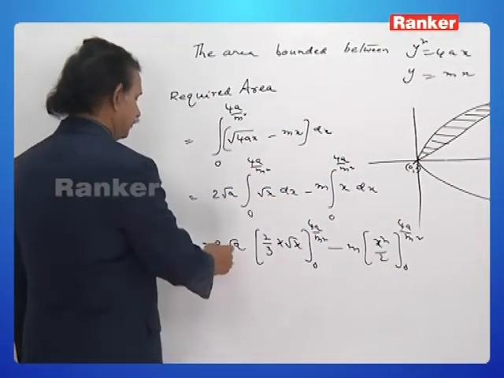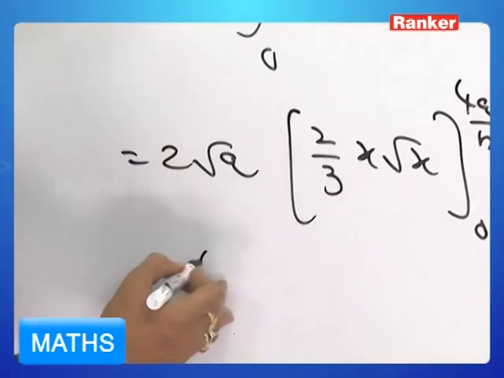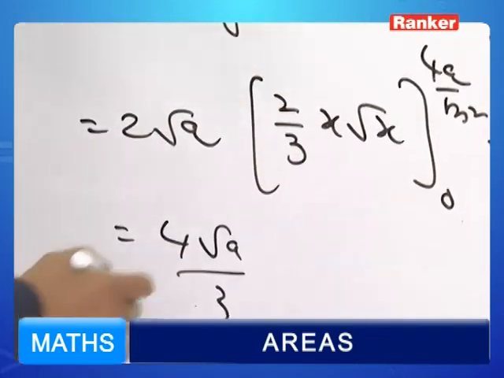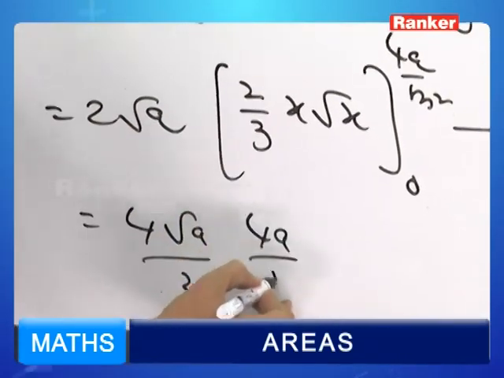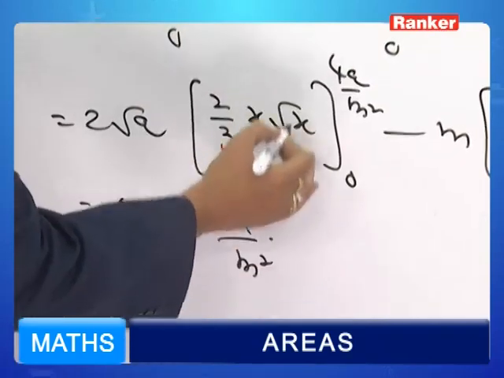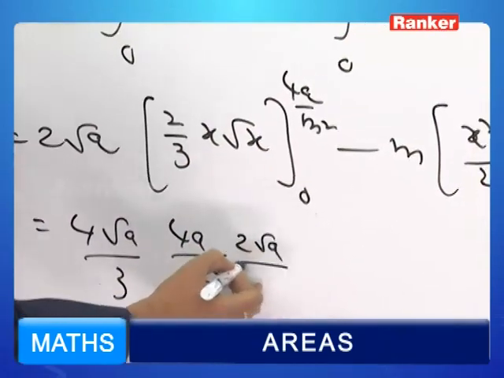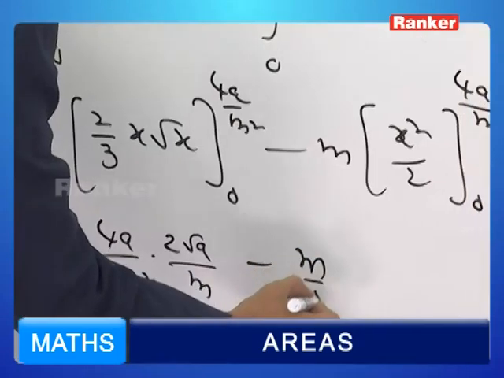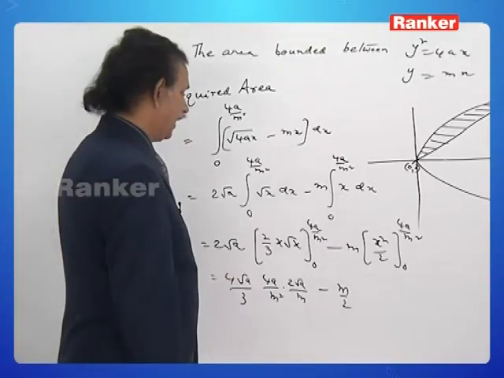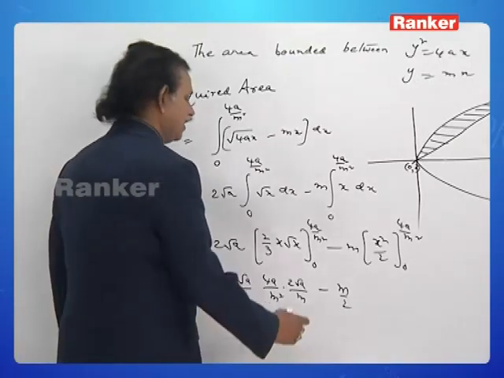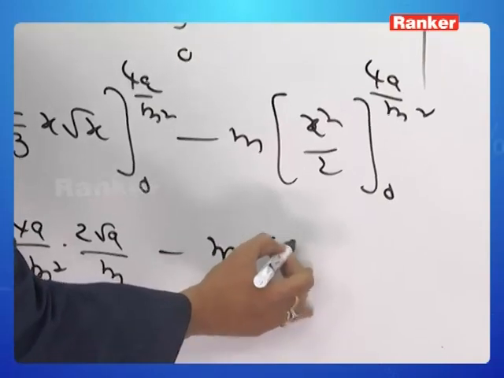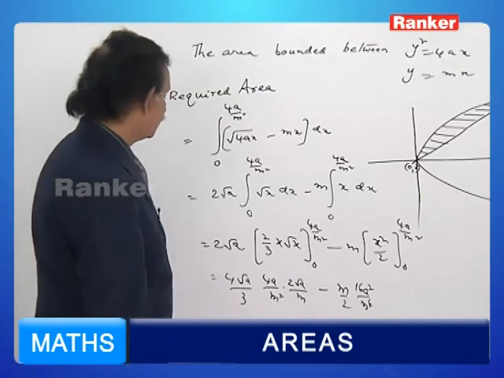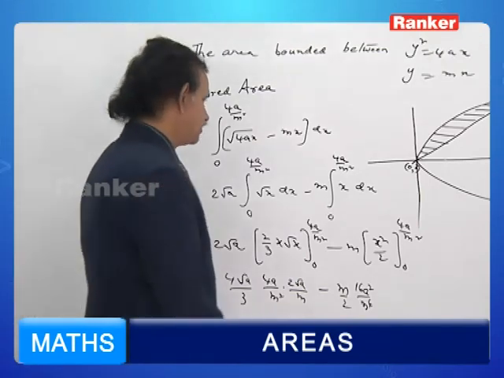Okay, 2 root a into 2, 4 root a, 4 root a by 3 into x root x, 4a by m square into root of that, 2 root a by m, minus m by 2 into x square, means 16a square by m power 4, minus 0. Okay, let us get it simplified.